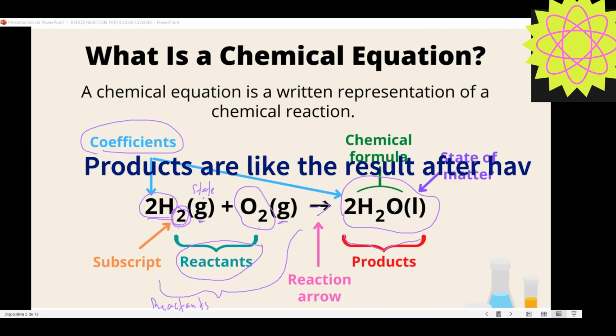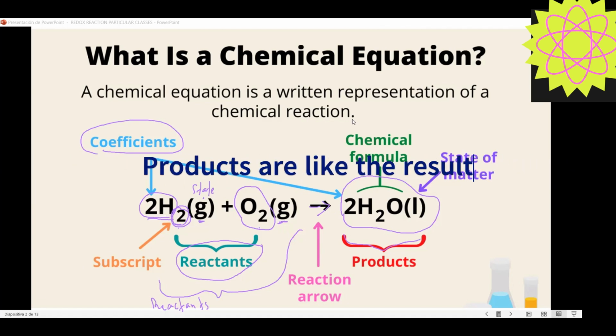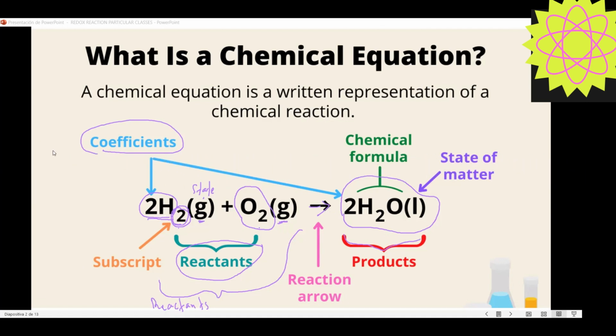In this case, I want to ask you something. What is the name for this molecule? We have a water molecule, but a question, how many molecules of water do we have? 2 water molecules, right?